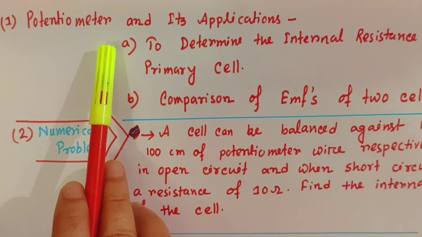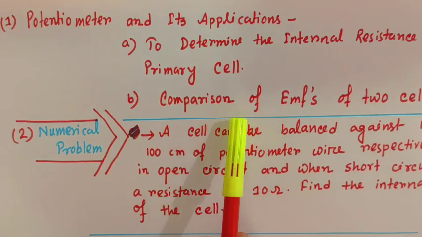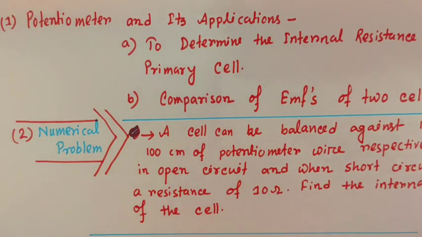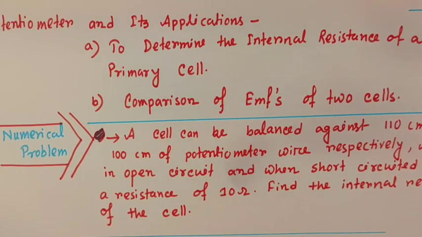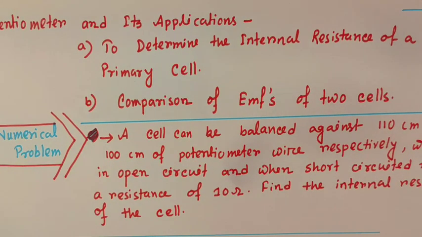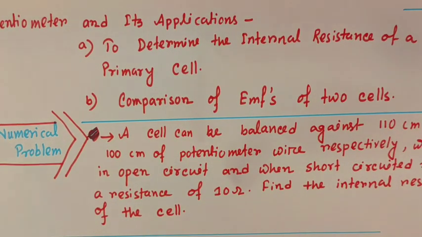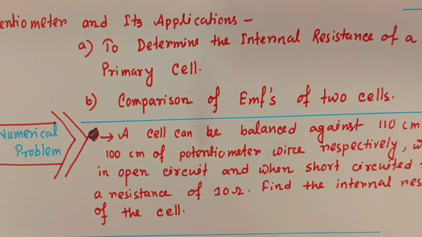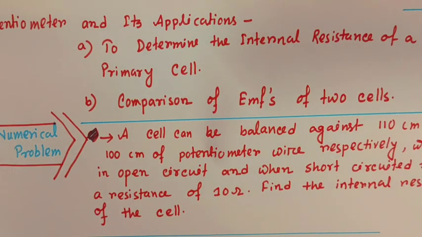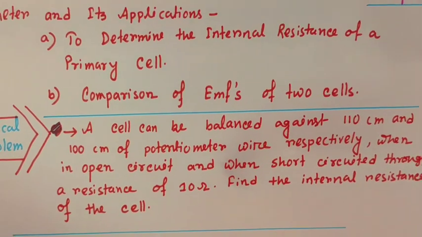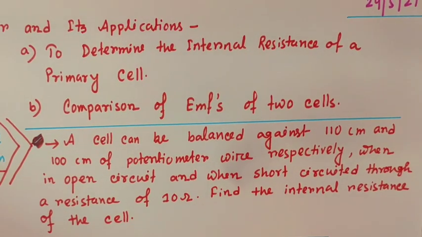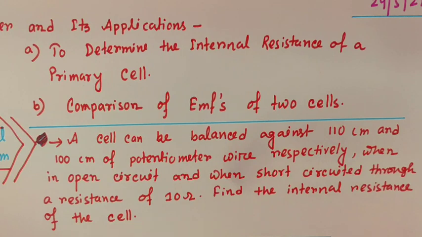Using the potentiometer, we can compare the EMFs of two cells. If we have two cells, then using the potentiometer we can compare their EMFs. And lastly, we will solve one numerical problem related to the potentiometer.